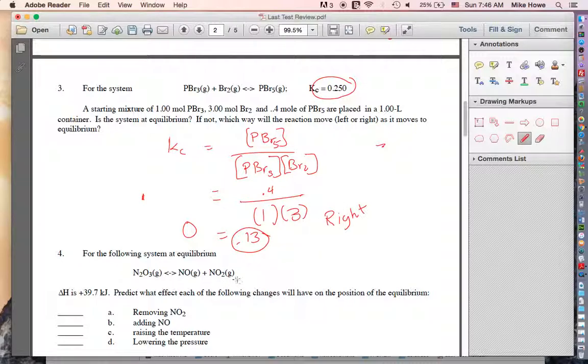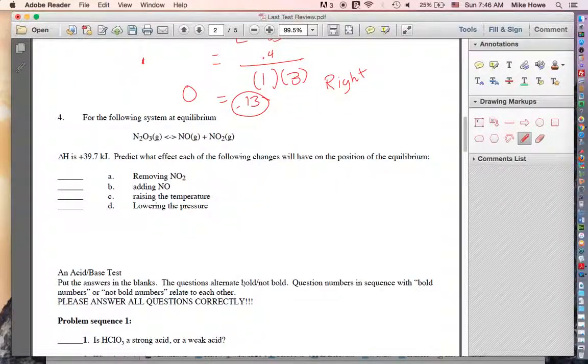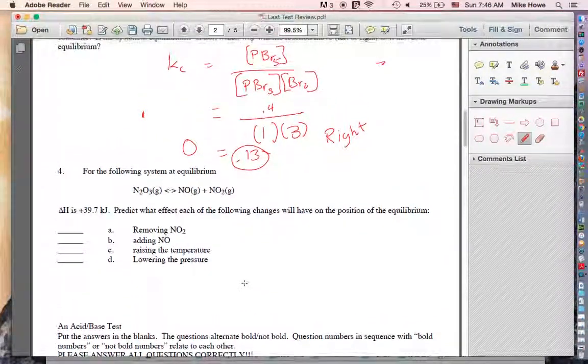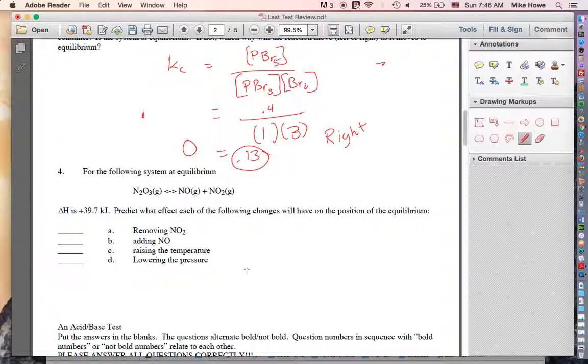Down here, when we get to these movies, we're going to talk about left and right shifts, but the left and right shifts down here are for systems that are already at equilibrium and we're putting a stress on it. We're not doing any stressing here. We're just finding out if the system is at equilibrium or not. Okay.